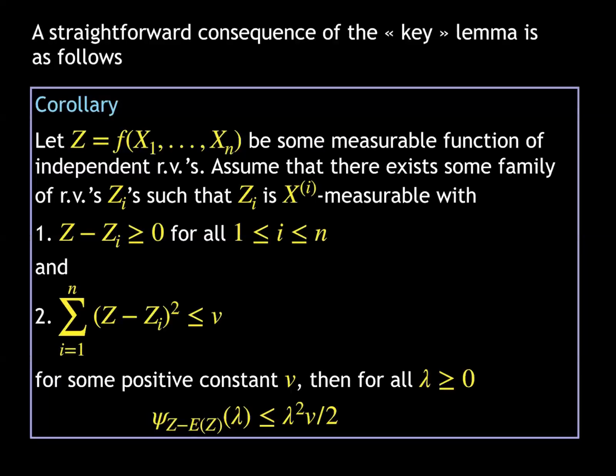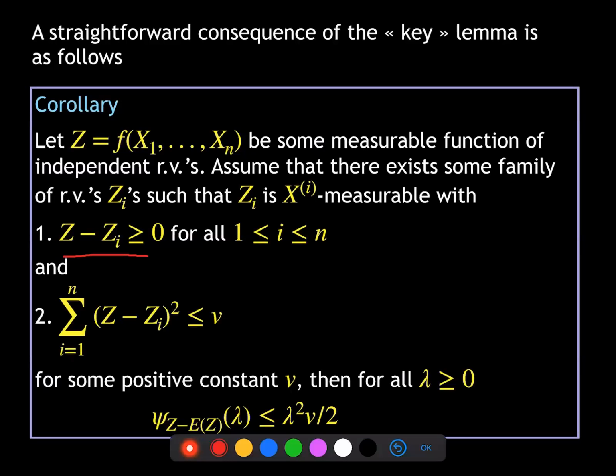That is, assume that you have at hand some variables zi which are Xi-measurable, and which are such that the difference between z and zi is non-negative first, and second, such that the quadratic variation, that is the sum of the (z minus zi) squared, is less than v.